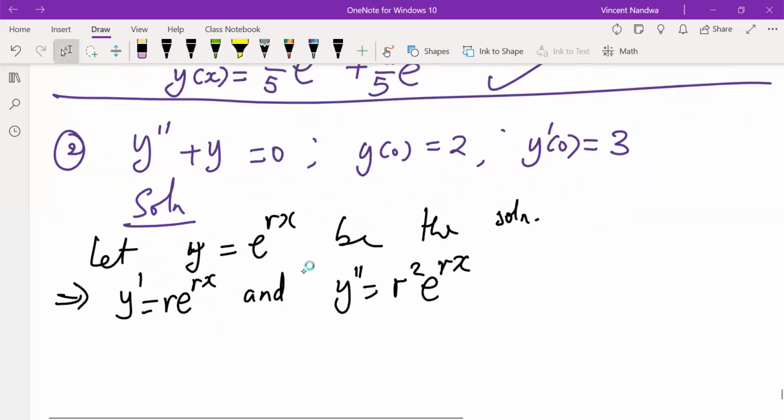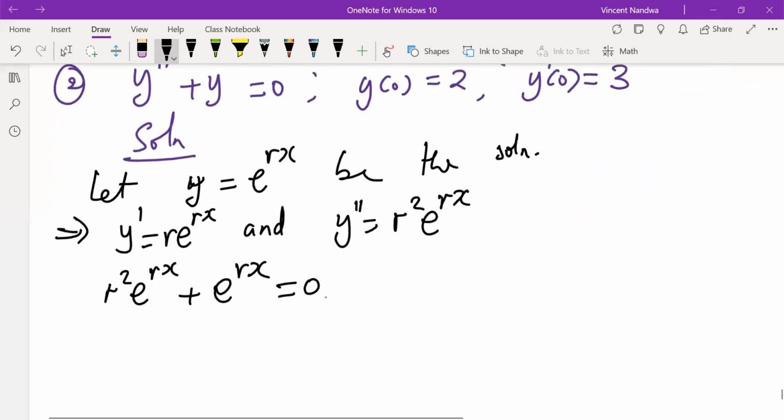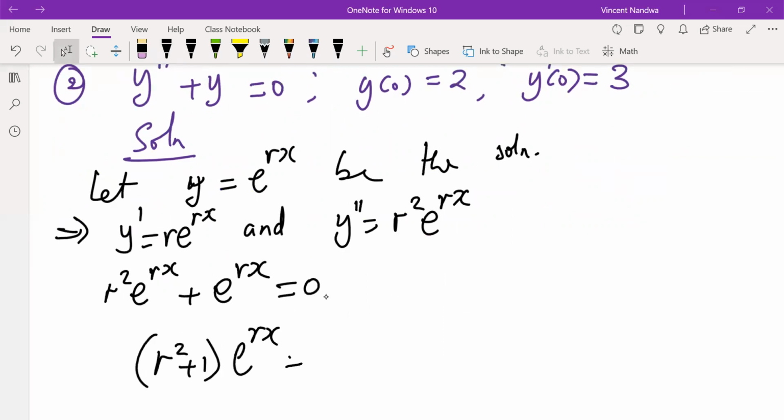Using these values in the differential equation, we'll have r squared e raised to power rx plus e raised to power rx equals 0. So r squared plus 1 times e raised to power rx will be 0.